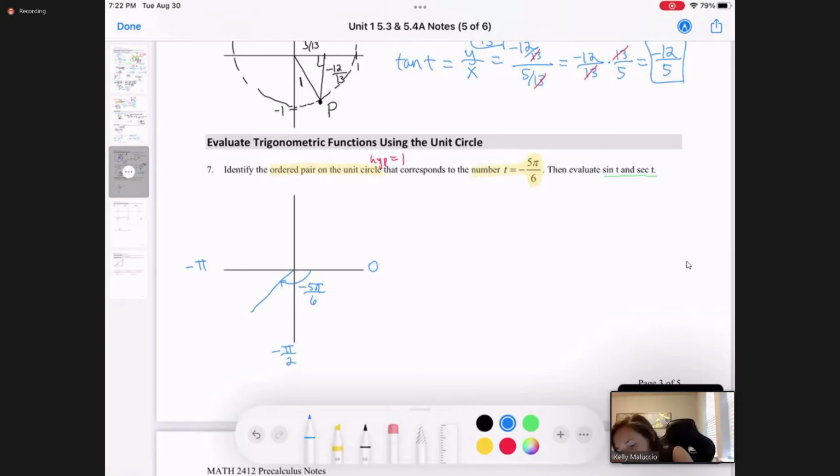If this was 1 and I had my unit circle all around, the sector is from here to here, this sector is 5 pi over 6. But we want to focus on the angle because now we're going to do a little right triangle trig and check out the unit circle, but it does associate with this sector.